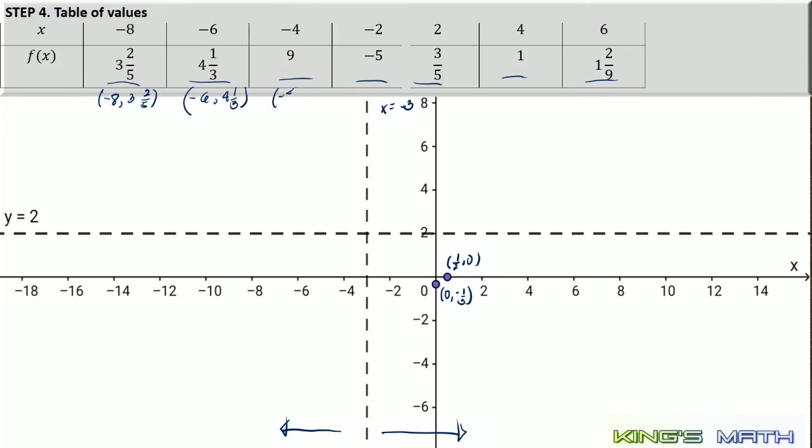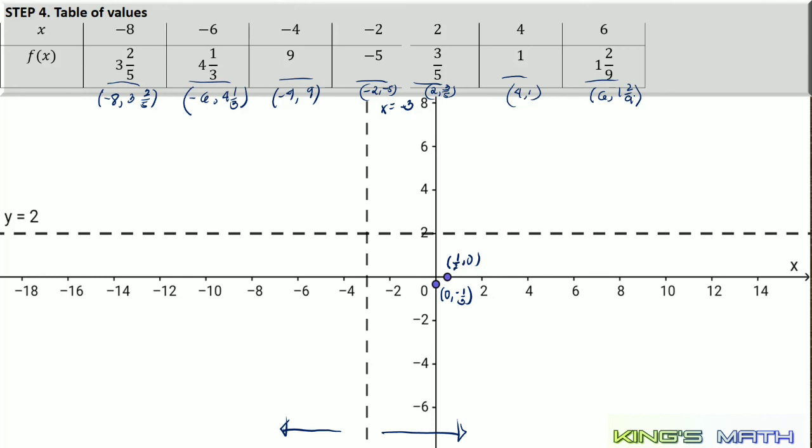Then (negative 4, 9), (negative 2, negative 5), (2, 3/5), (4, 1), and lastly we have (6, 1 2/9). So these are points in our Cartesian plane.